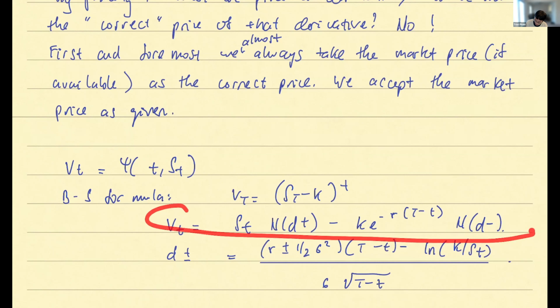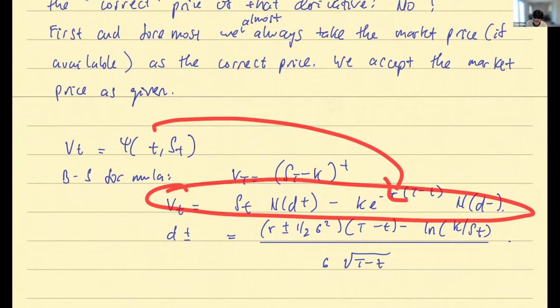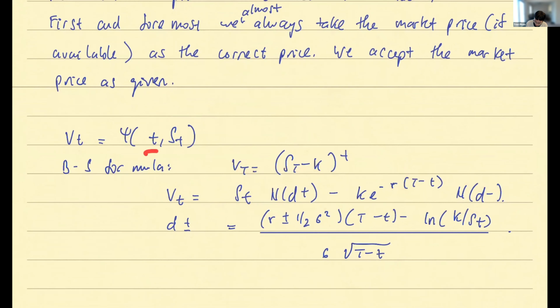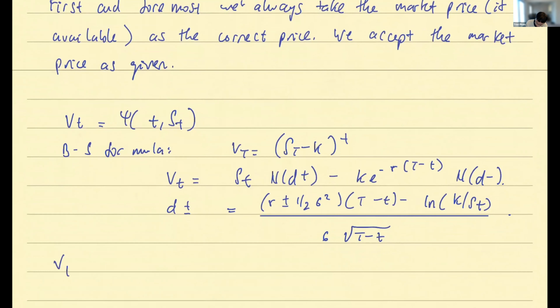This is the function psi right here. Now notice that, of course, it's correct that psi is a function of little t and S_t. But more importantly, if you want to write out the whole thing, it's a function of K, r, T, and sigma as well, isn't it?